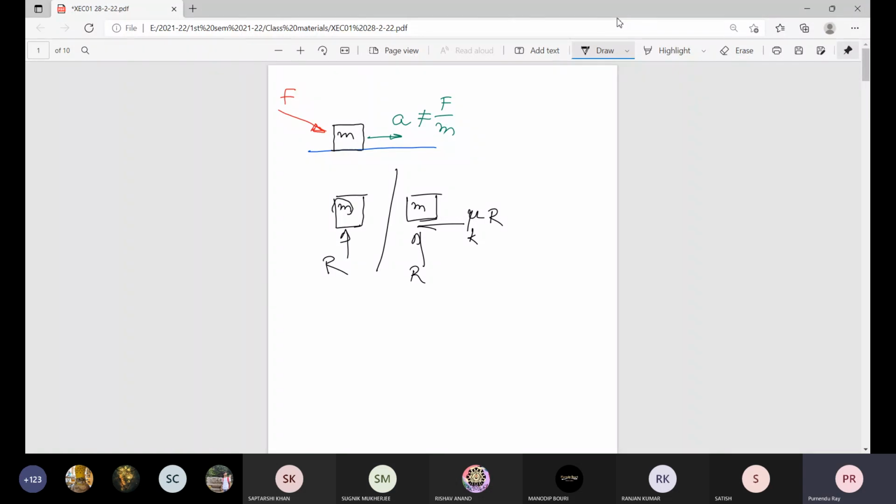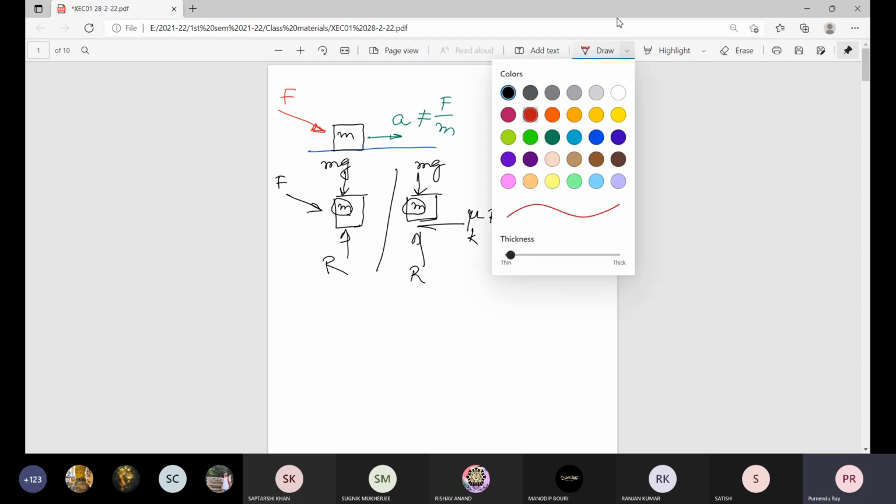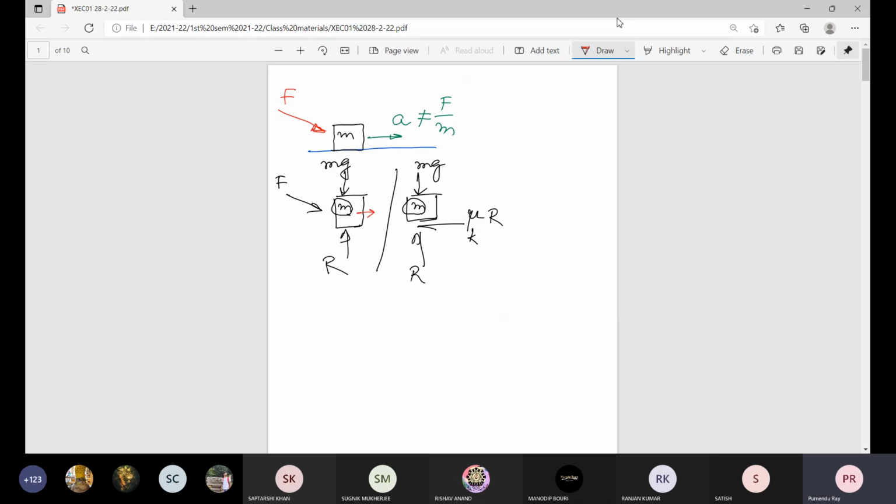And this must be replaced by the suitable value of the force due to gravity, that is mass multiplied by g. Along with this force F, and it is moving with acceleration A in this direction, or some other A in this direction.